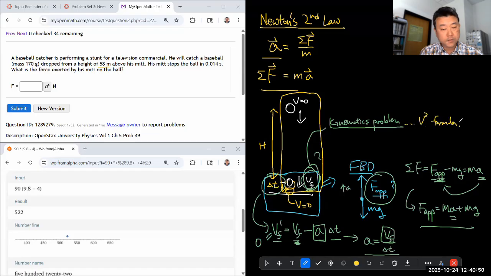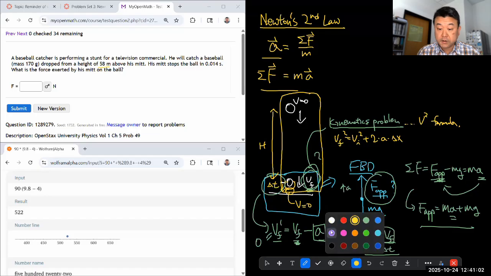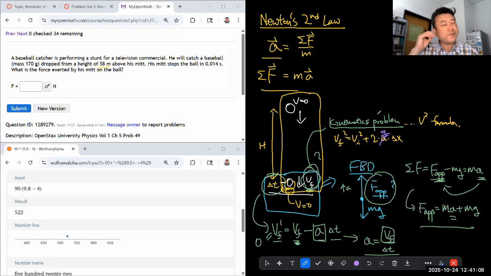Mainly because I'm given all the information that relates to the V squared formula, which says V final squared is equal to V initial squared plus 2 times acceleration times delta x. So here the acceleration is g, gravitational acceleration. Assuming it's a free fall with the 58 meters, air resistance might be significant, but if I have to include that, it's unsolvable for now.